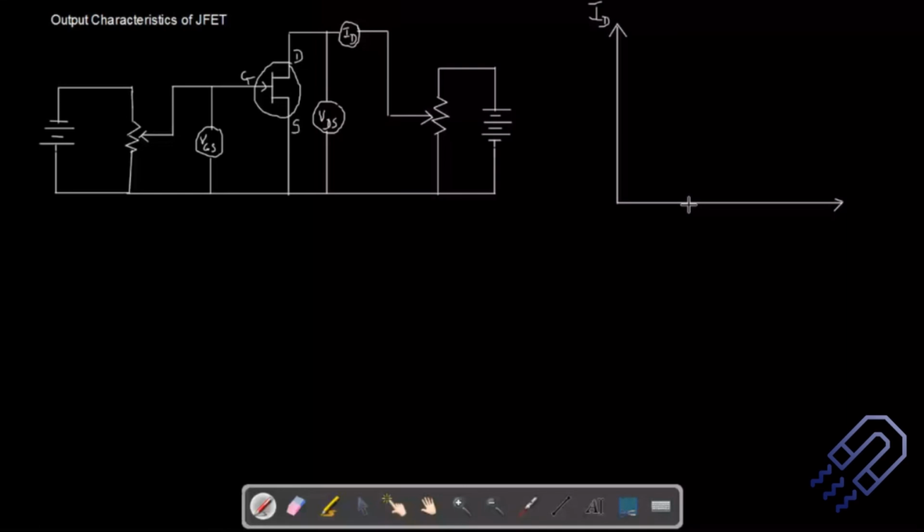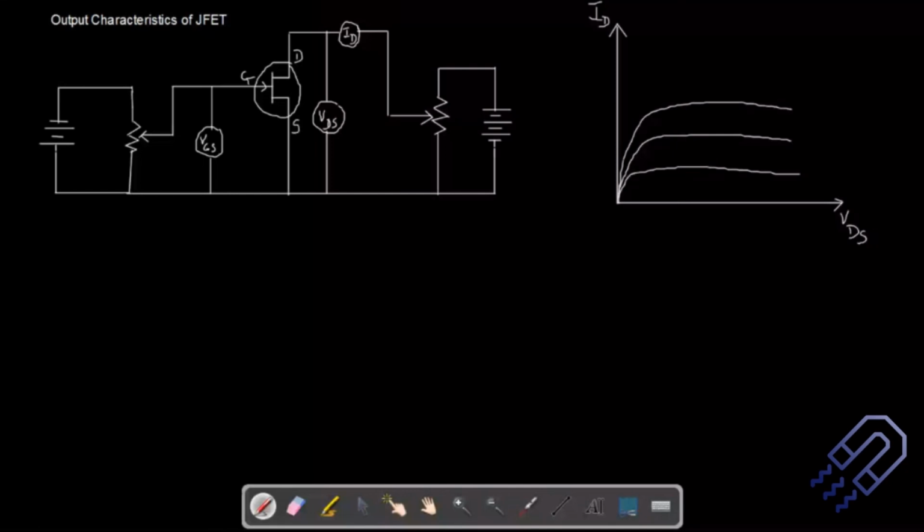This is something you're going to measure. The behavior is going to be similar. I'll draw a few representative curves here, maybe two, maybe one more.